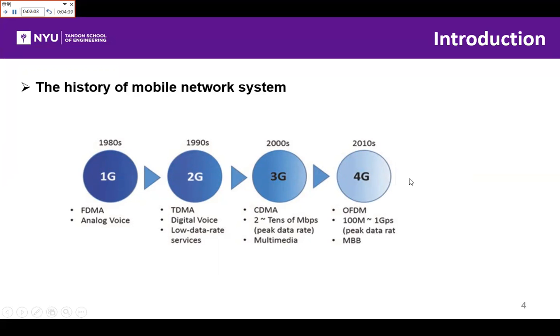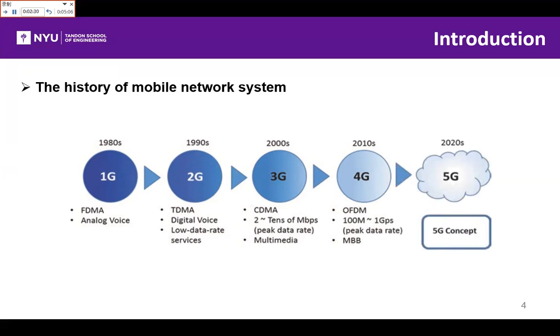Next, 4G improved the network peak data rate to another level. The highest network speed could reach 1 gigabit per second. But although 4G is widely used in our life, there are still some requirements to improve the 4G system into the 5G system.